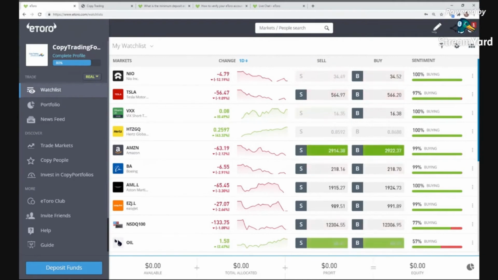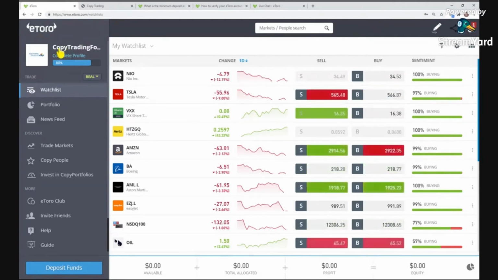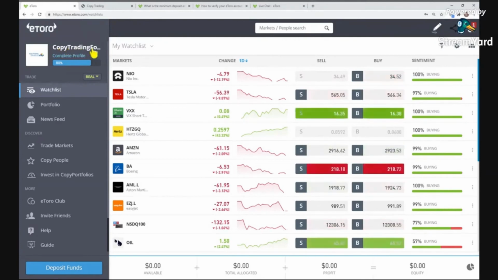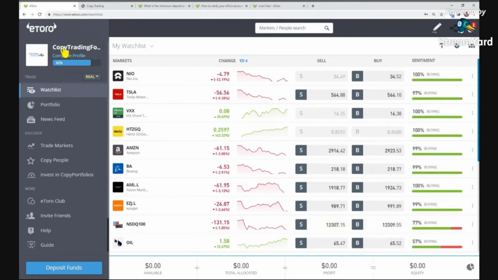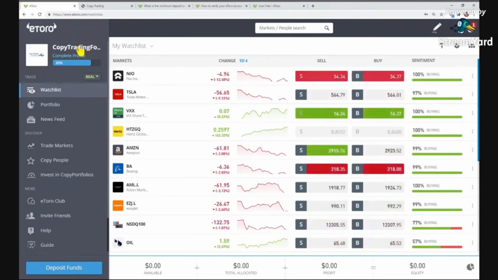Okay, so let's get started. First of all, I would recommend that you pick a username that is easy to remember. I picked Copy Trading Forum because my partner link also goes to copytradingforum.com, which will bring you to eToro. So Copy Trading Forum is my name on eToro for my new account.